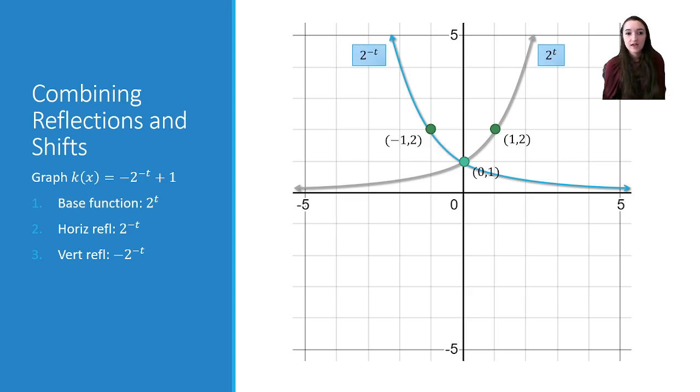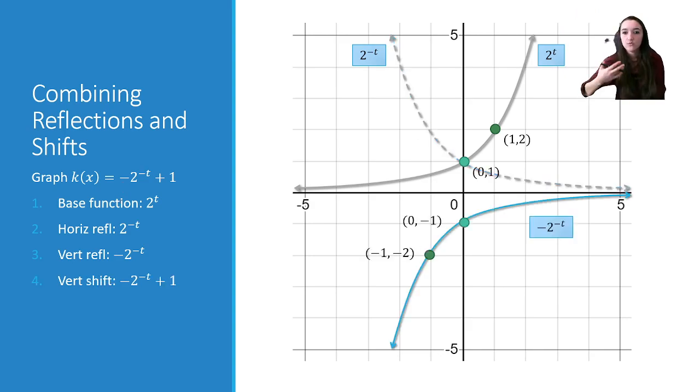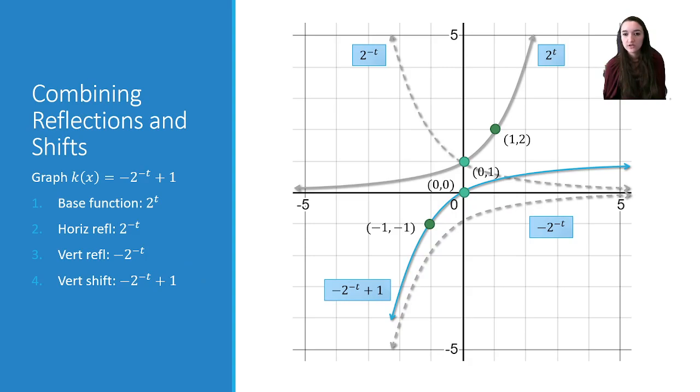Okay, then we know that there is a negative out front, so negative 2 to the negative t then becomes a vertical reflection over the x-axis next. So we get reflection over the x-axis, and then finally we have another step where we now have this vertical shift. So we shift everything up by 1 because that's what the vertical shift does.